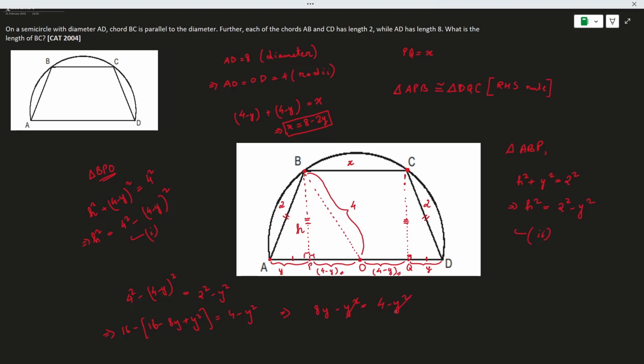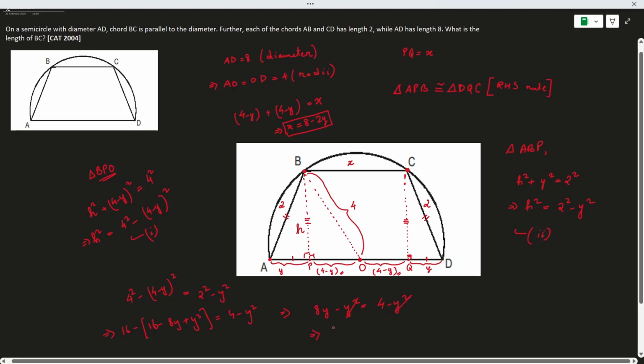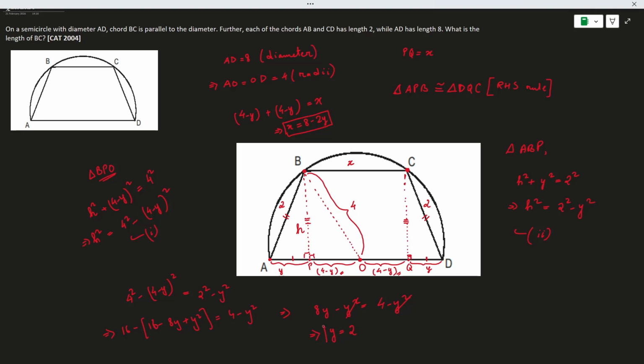So y square will get cancelled. What is the value of y? The value of y is 2. Y is equal to 2.